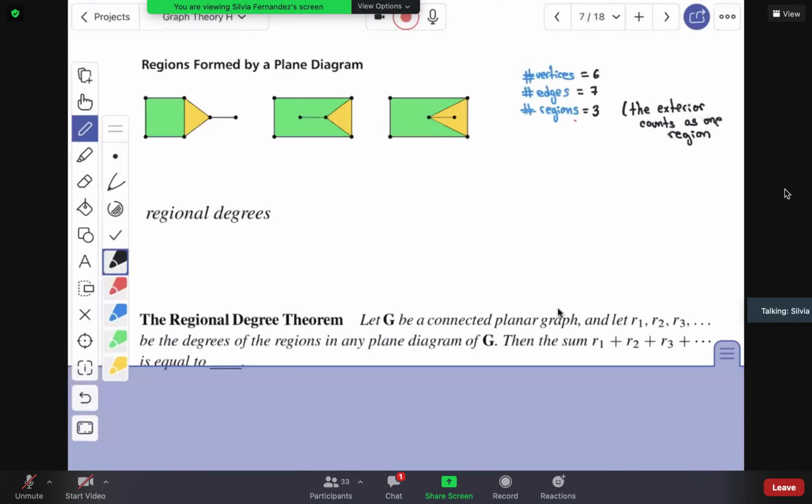So in a plane drawing, because there are no crossings, my edges separate the plane into regions.